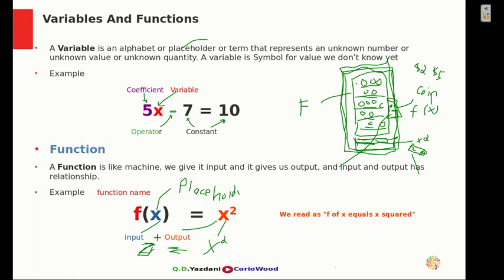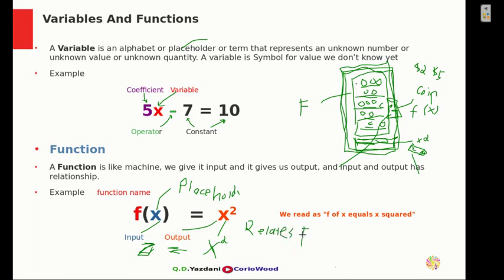So this is also a function because there is an input, there is a relationship, and there is an output which is squaring. So in simple terms, a function relates an input to an output.